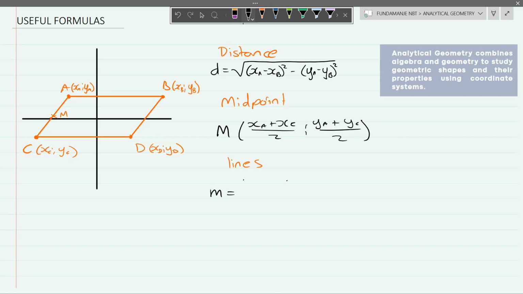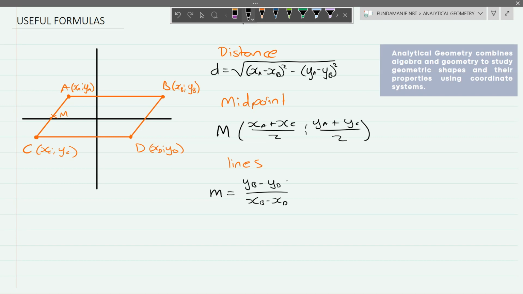That would be the change in Y over the change in X. So YB minus YD over, using the same convention, XB minus XD, like that. So this gives us the gradient of any line.